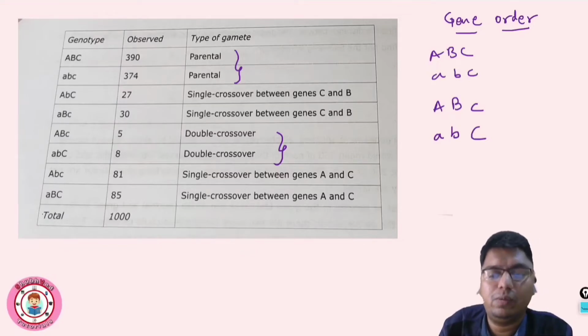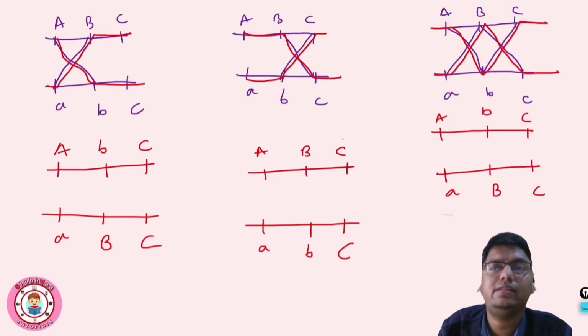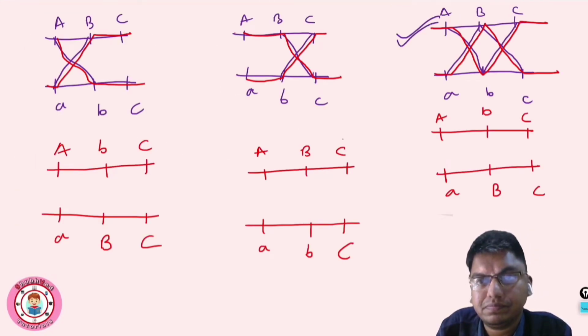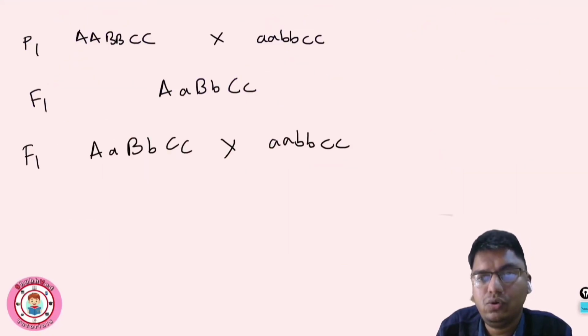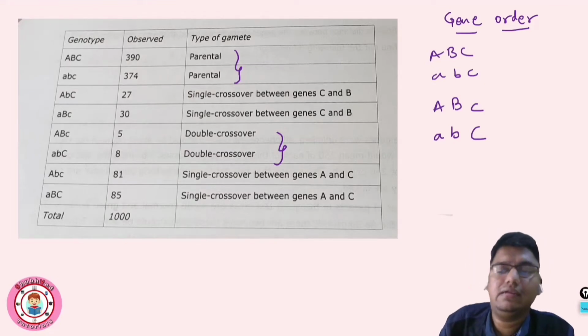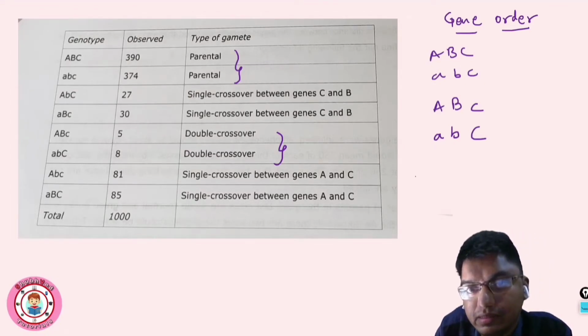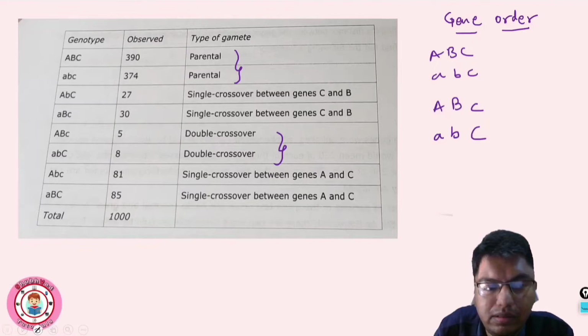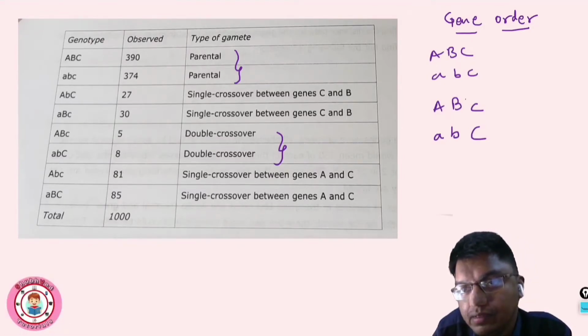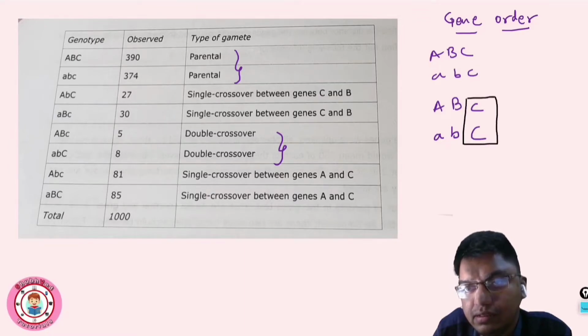Like we saw here, in the last case, how in the double crossover the middle one is changed. So we can predict here that this C gene is located in the middle of AB.